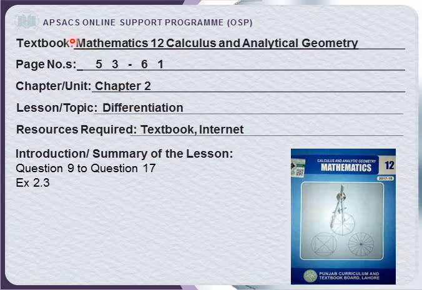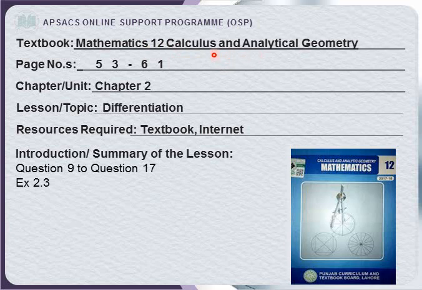Okay, you can see the changes. This is a good thing, that you can see your required textbook. The name of the required textbook is Mathematics, Calculus and Analytical Geometry.